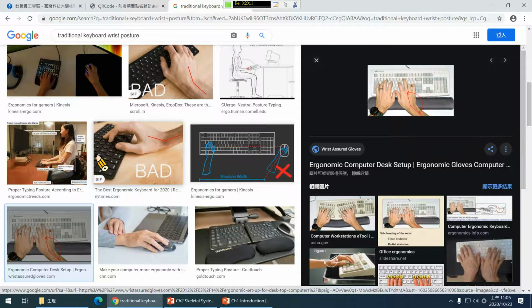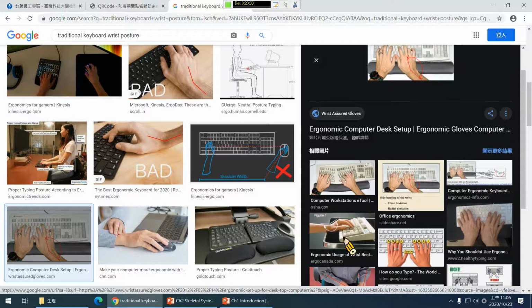Okay, if you use a mouse which is very big, for a small hand, you are actually also doing this. Like this.